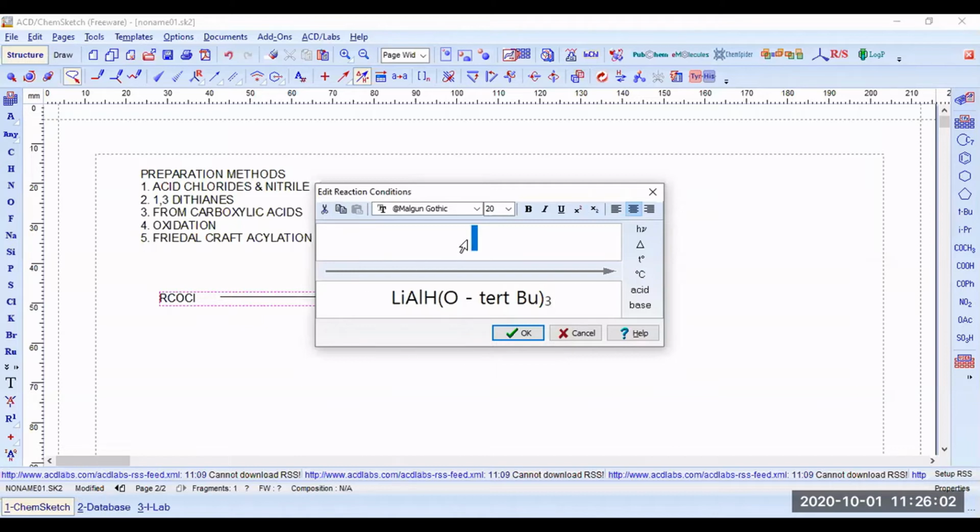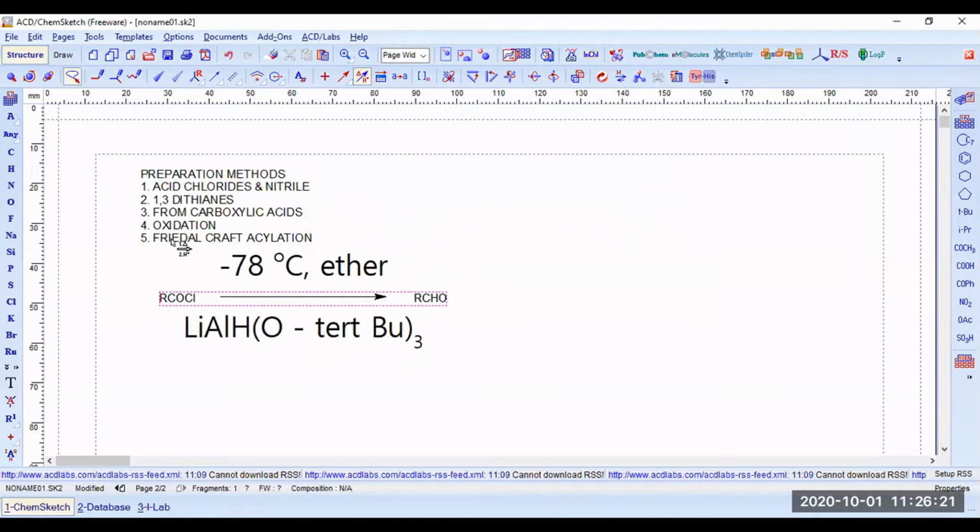The temperature of the reaction is minus 78 degrees centigrade. You see that this is very critical. It is a low temperature reaction, and ether is the medium. These are the conditions for preparation of carbonyl compounds.